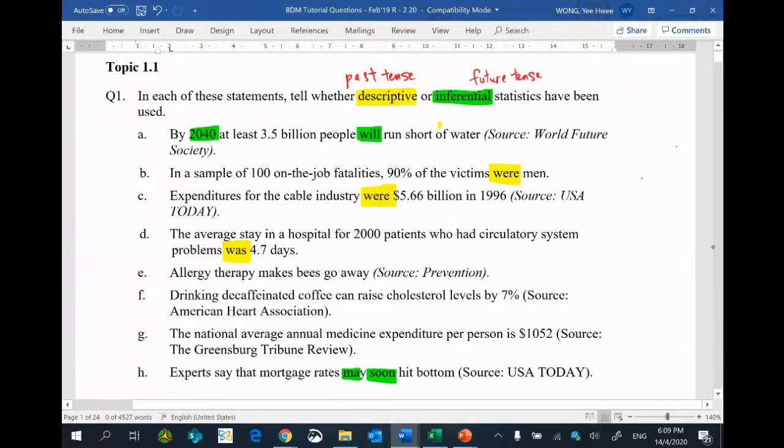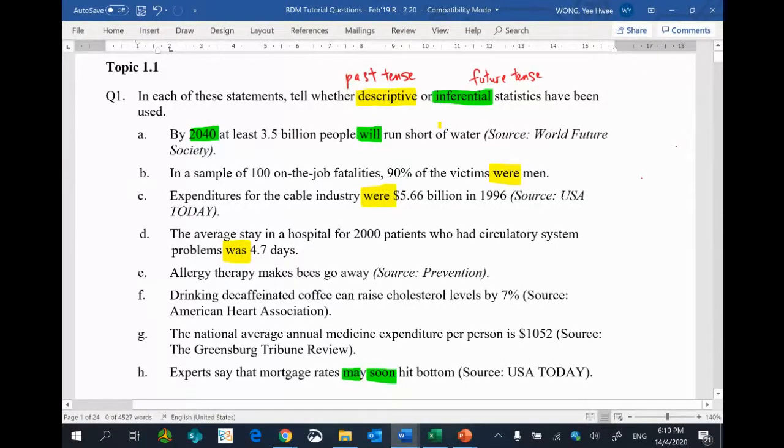But the last one may not be. It says the rate may soon hit bottom. What is bottom? We don't know. So this is a characteristic of inferential statistics statements: sometimes it is very general. They give you information, but the information is not clear, not specific.